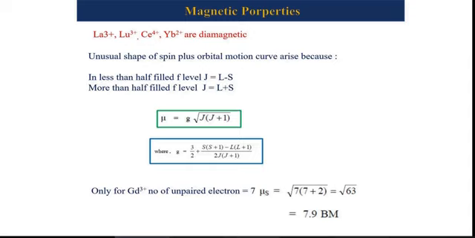Okay. Now let us come to the point of why gadolinium plus 3 shows a magnetic moment where only spin contribution takes part. Let us recall the electronic configuration first.